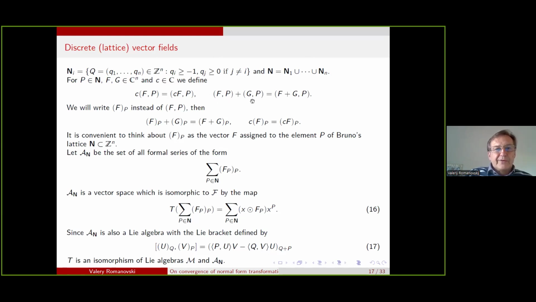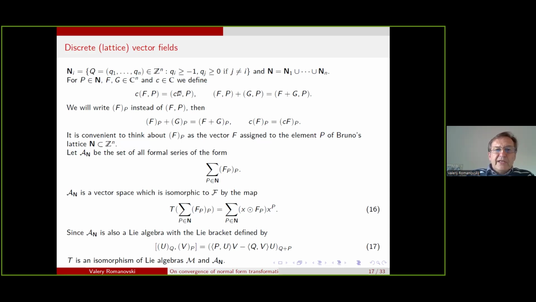So F is a vector from C^n, G is a vector from C^n, but P is a vector with integer coefficients. And then we can define summation and multiplication by constants.